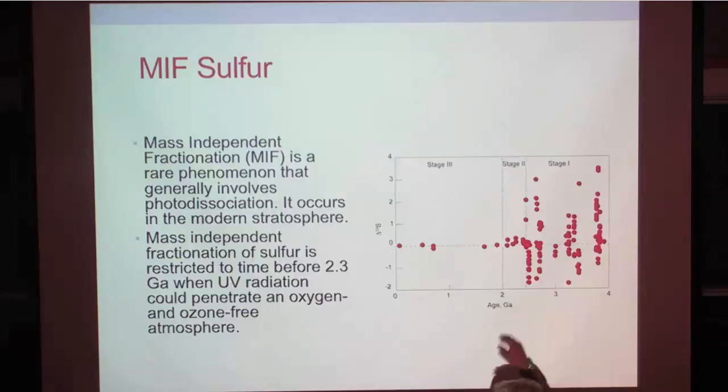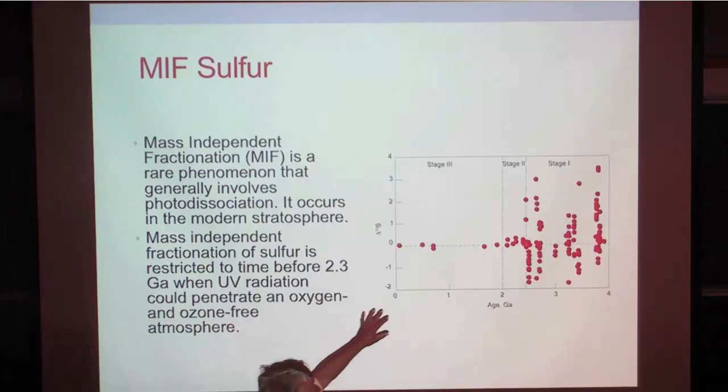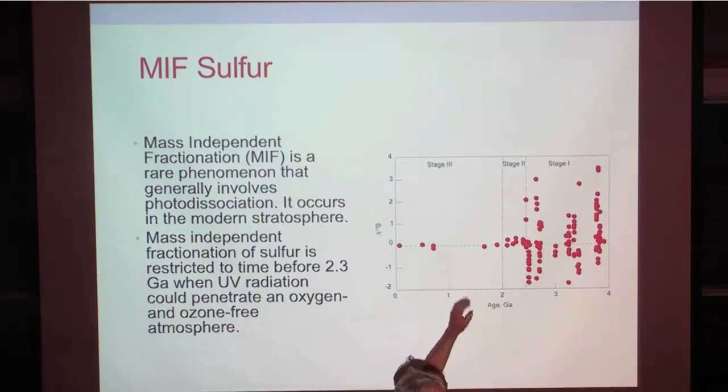And the argument is that before the Great Oxidation Event at 2.3 billion years ago, UV radiation could penetrate all the way through the atmosphere, dissociate sulfur dioxide, and produce these mass-independent fractionations. Once we had oxygen in the atmosphere, we developed an ozone layer, and UV radiation could no longer penetrate and produce that kind of fractionation.